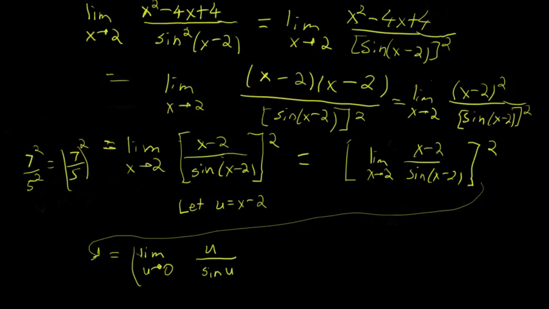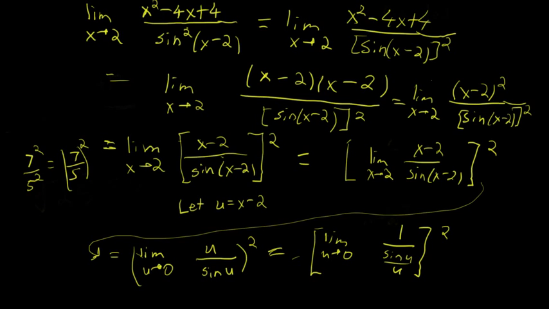So you have this limit squared. Well, we don't know this limit, but we know the reciprocal of it. So we know the limit as u tends to 0 of 1 over sine of u over u, this whole thing squared, is equivalent to this limit here.